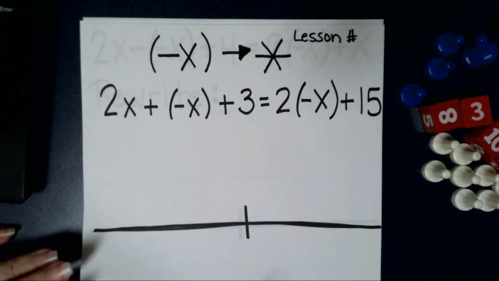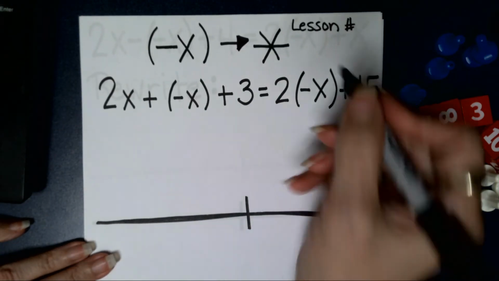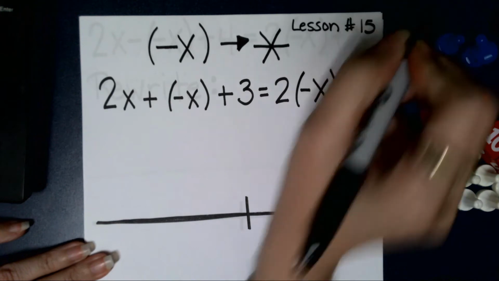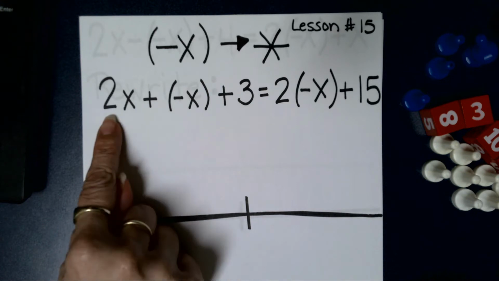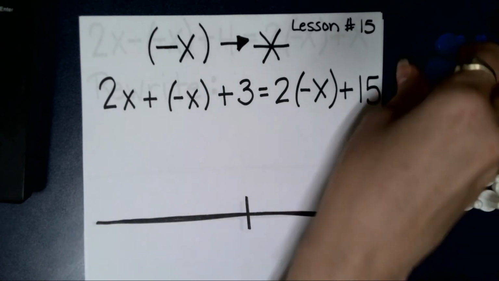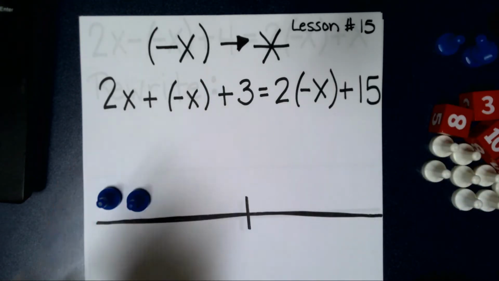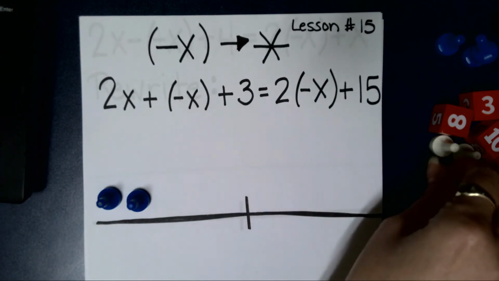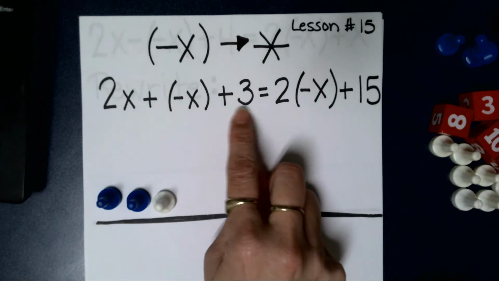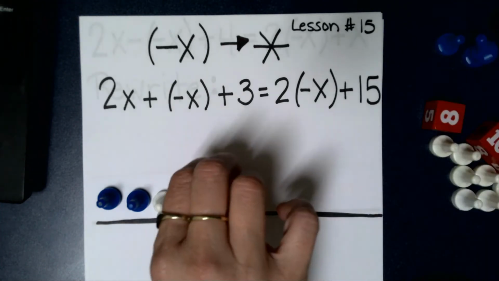So we're going to go ahead and take a look here at lesson 15, and we're going to read them the same way we have been reading them. This particular problem starts off with two pawns on our balance, plus a star, plus a 3 on the left-hand side.